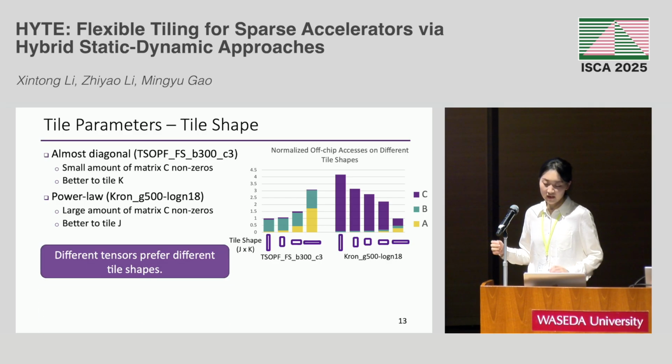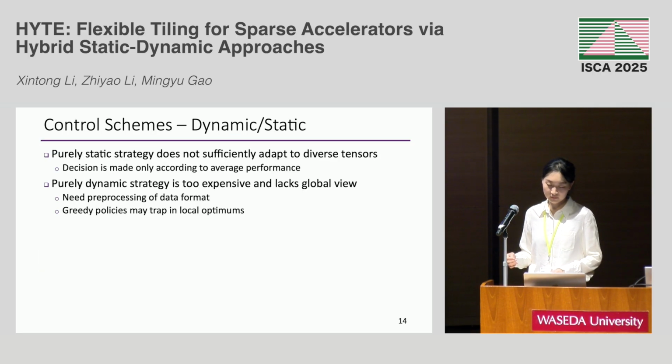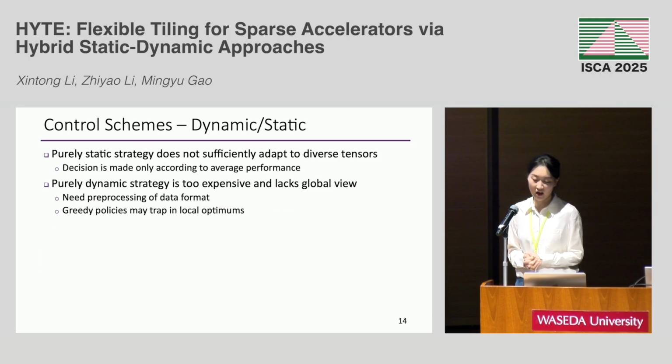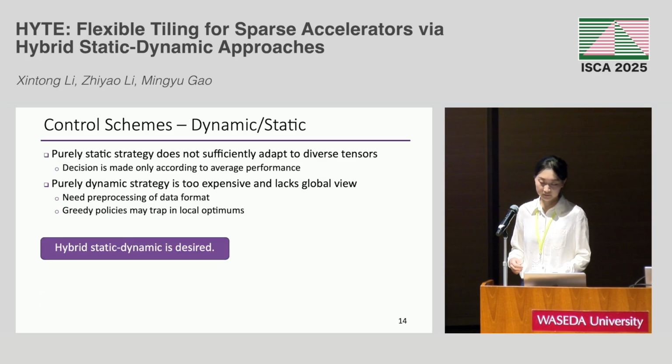As a conclusion, different tensors call for tiling in different dimensions. Furthermore, a purely static optimal strategy may not suit all tensors, while a purely dynamic greedy strategy lacks a global perspective. Therefore, we aim to combine both.